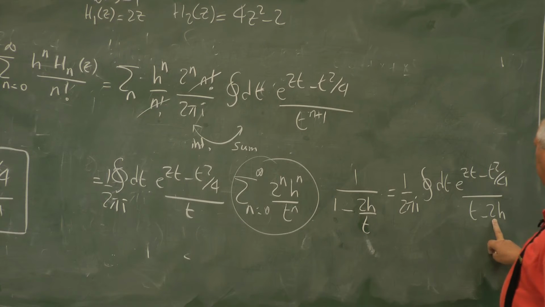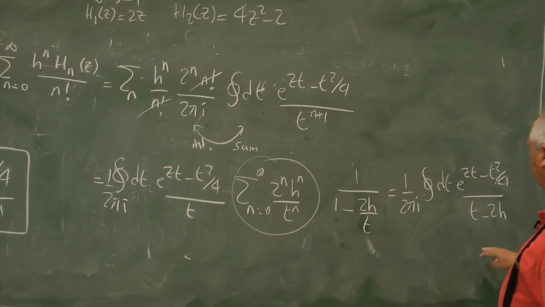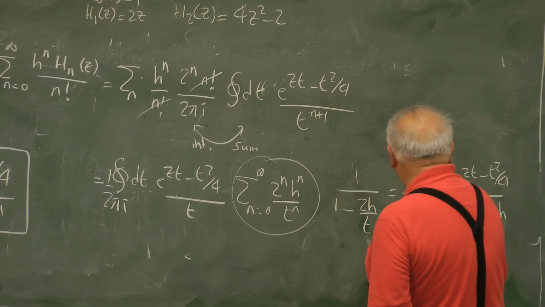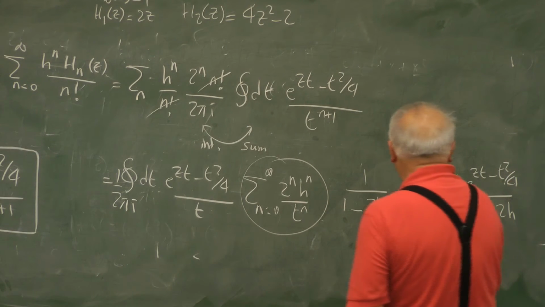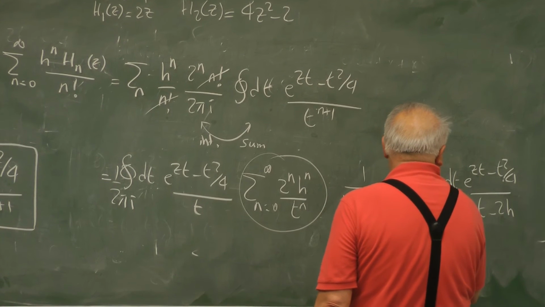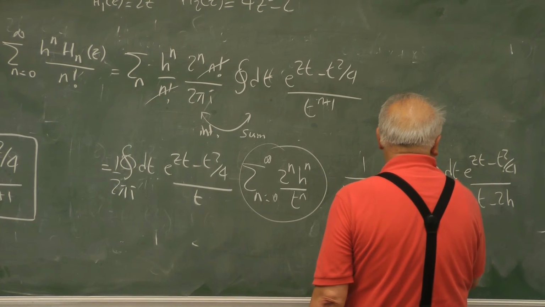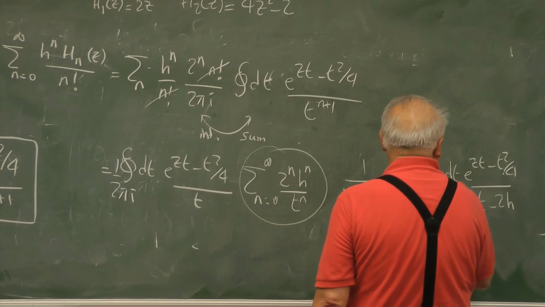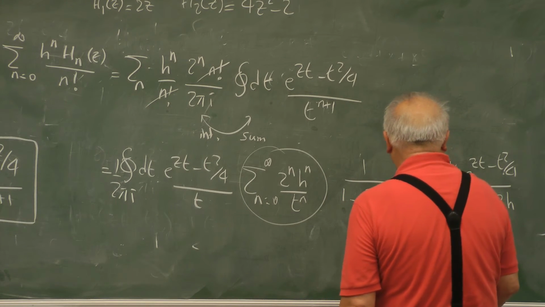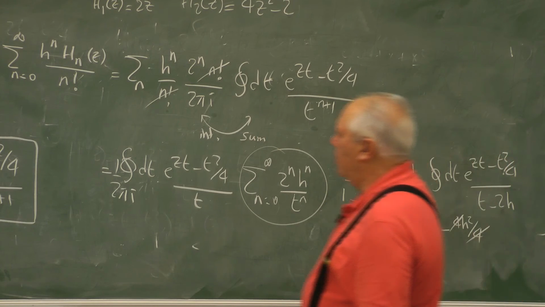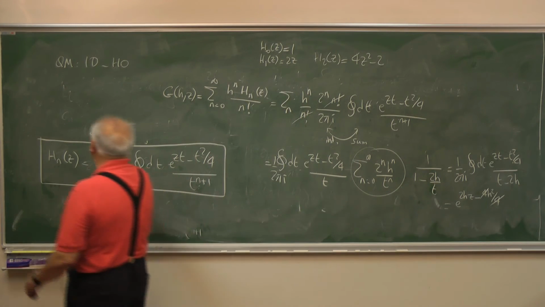And it's a simple pole because these are regular there. So the result is 2 pi i times the value when replacing t by 2h. So it is e to the 2h z minus 4h squared over 4. That's it.